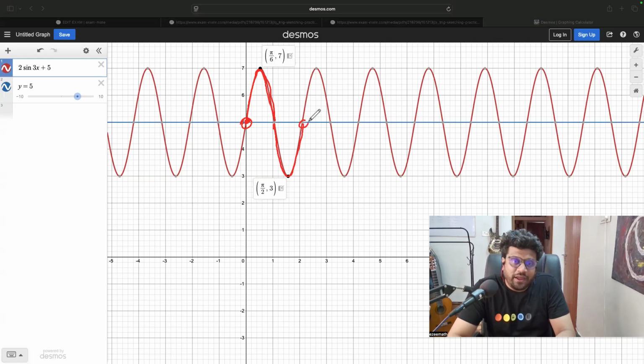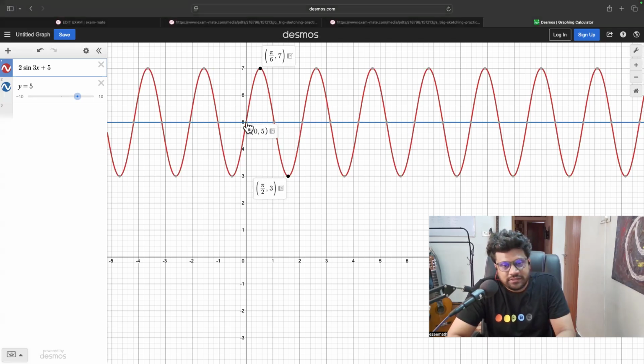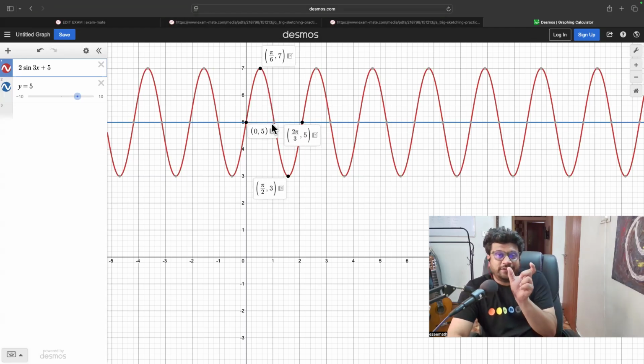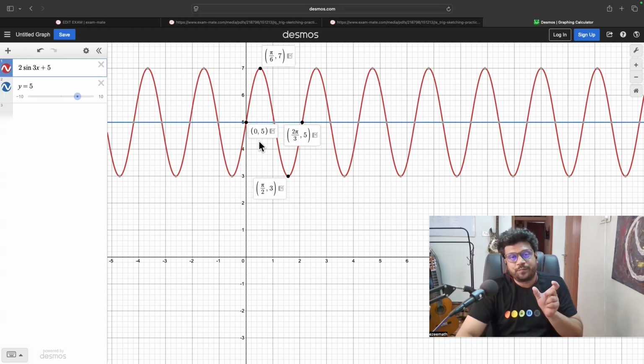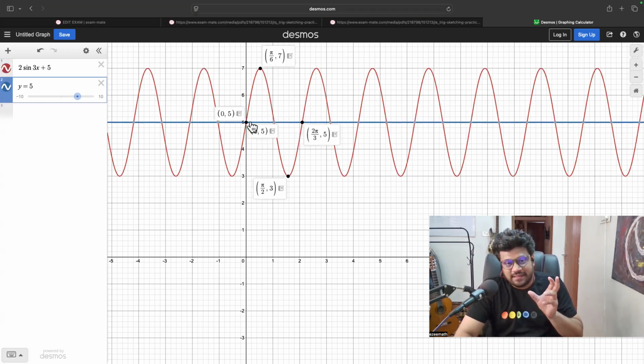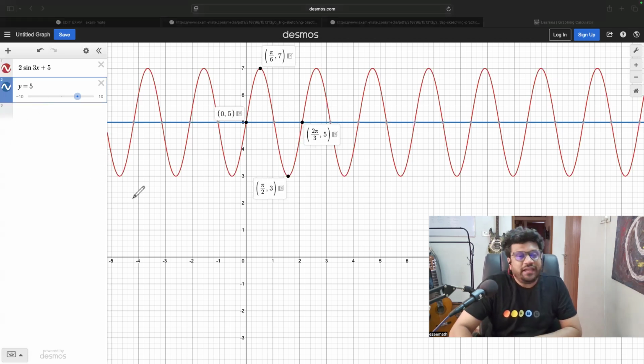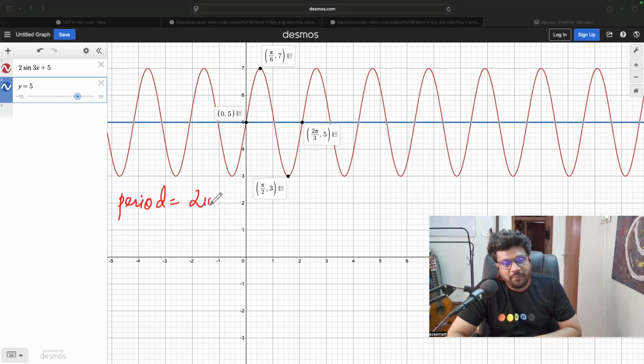That's one complete wave from this place to that place. What is the size of it? Let's see. It starts from 0 and gets to 2 pi by 3. It stretches over a length of 2 pi by 3 on the principal axis. That is known as the period of a wave, 2 pi by 3.